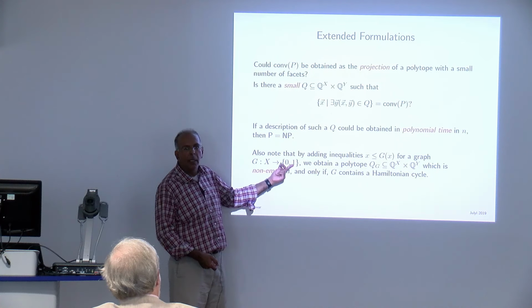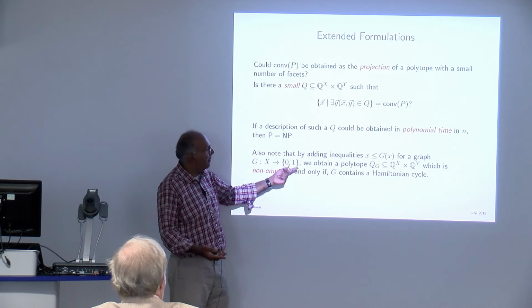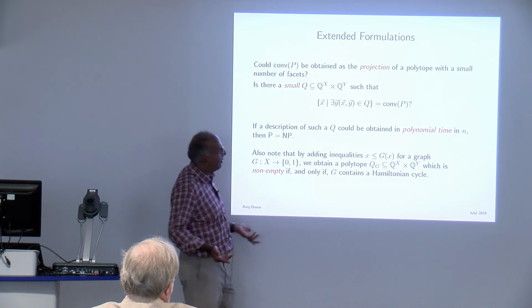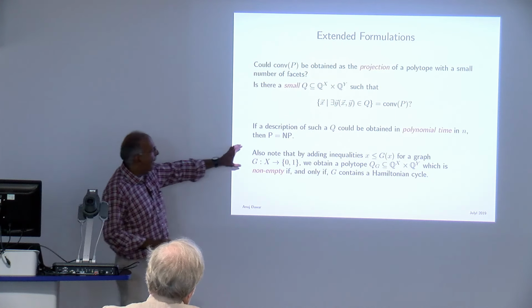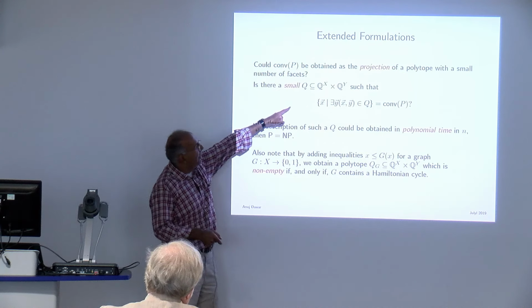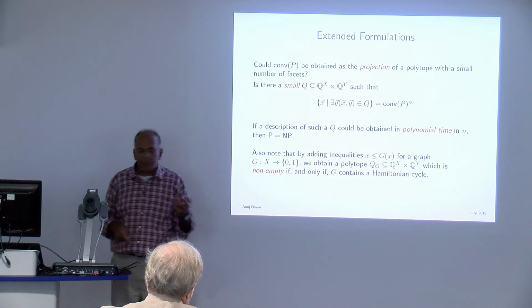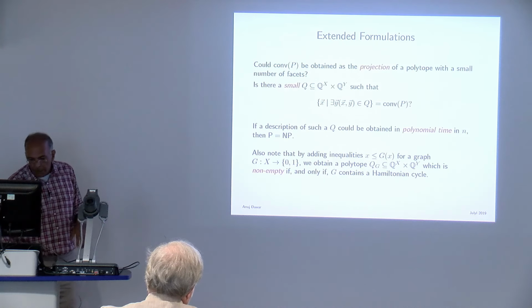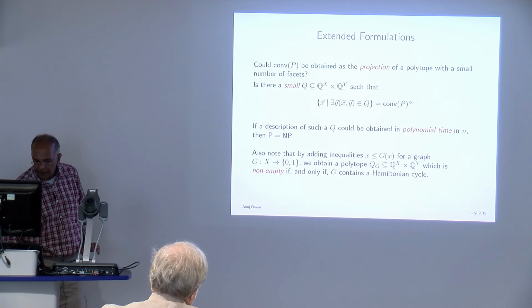In other words, x is less than or equal to 0, I should say, if there's no edge for the particular x. And that means you can only use edges that are in the graph. And then if this thing has a solution, there is in fact a simple cycle which visits all the vertices. So you get that.